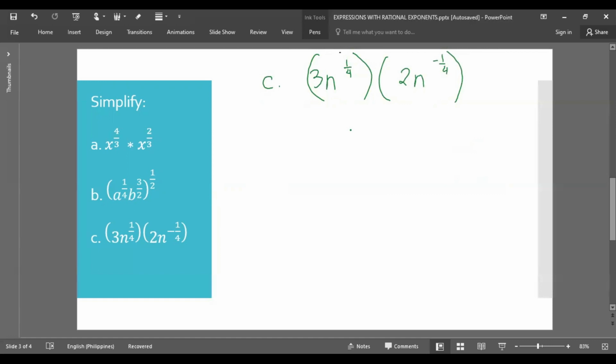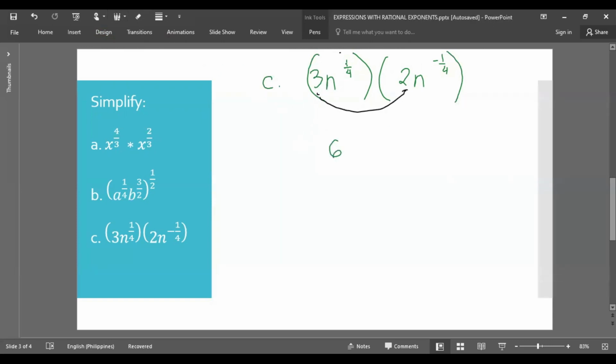Okay, how about this? 3n raised to 1/4 times 2n raised to negative 1/4. As you can see here, there are constants, 3 and 2. So since the operation between these two expressions is multiplication, we simply multiply them. So 3 times 2 is 6.